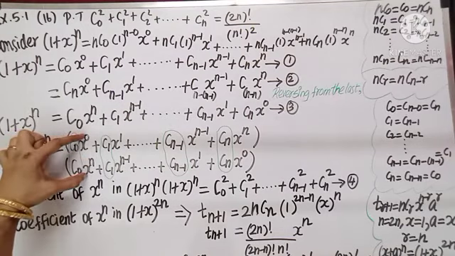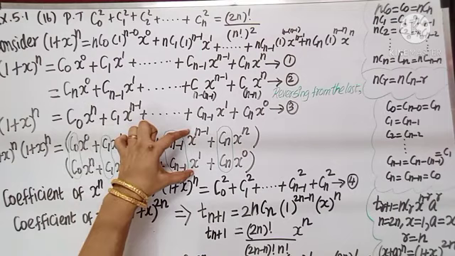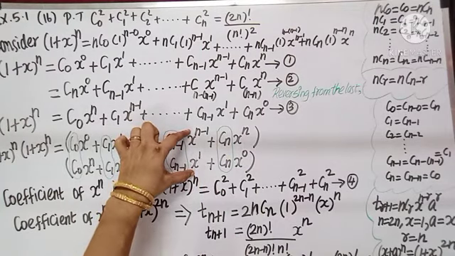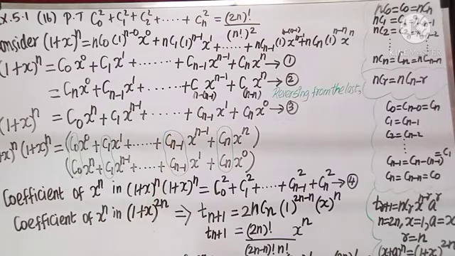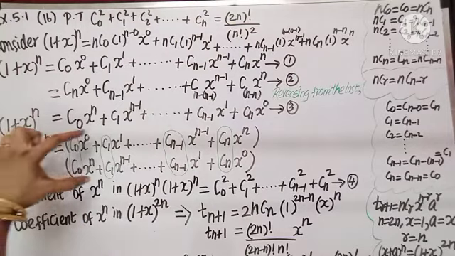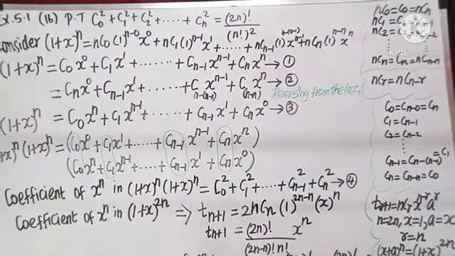When I multiply, x^n, here also x^n, plus 1 minus 1 cancels, giving us x^n. Here also x^n. So we are checking only the coefficient of x^n. As I check the coefficient of x^n, I get the squares as in the LHS of the problem.